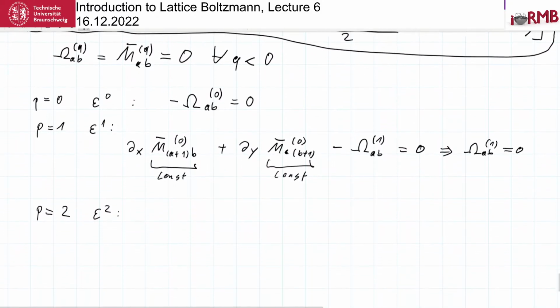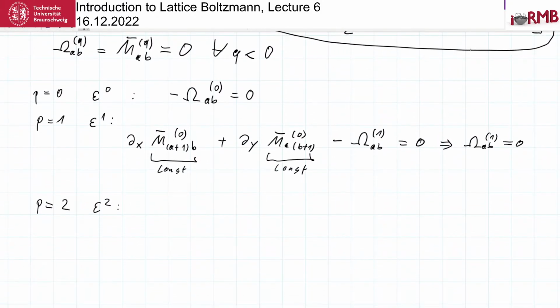So now we get a time derivative, delta t m a b, of the order 0, of course, plus dy m a b plus 1. Because we subtract one less here in the spatial derivative.